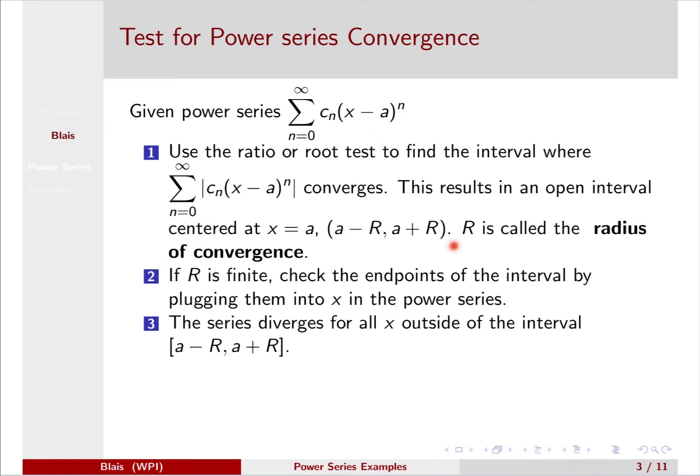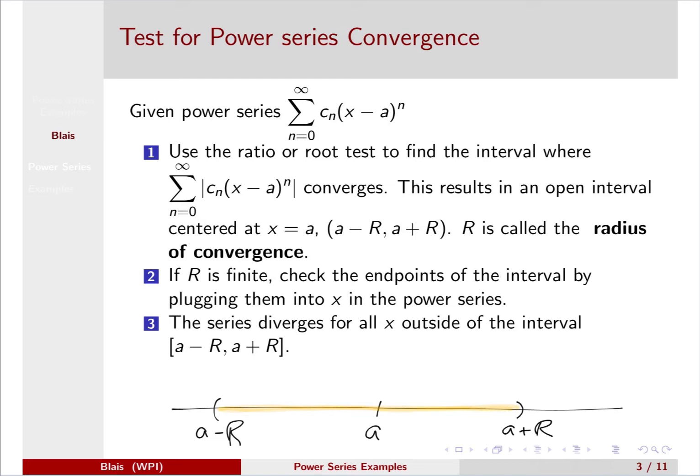That gives us an open interval, a minus r to a plus r, centered at a, with a minus r as the left endpoint and a plus r as the right endpoint. We know within this interval, our series is absolutely convergent.